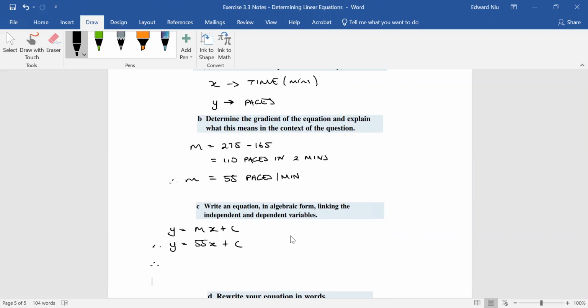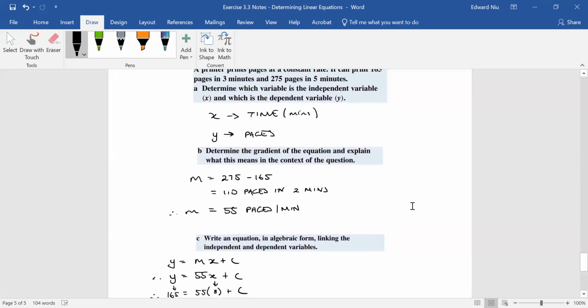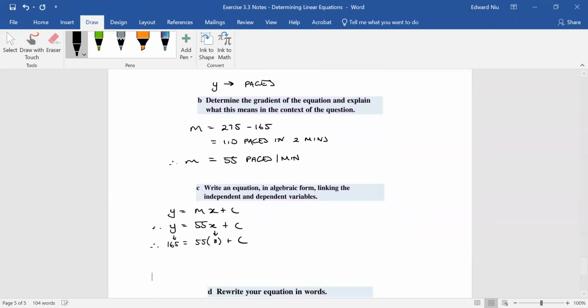So what we need to do is, 165 replaces the y, the 3 replaces the x. And once we do this equation using our linear equation skills, we're going to figure out the C value. Let's just check if we got those right. Yep, that's correct.